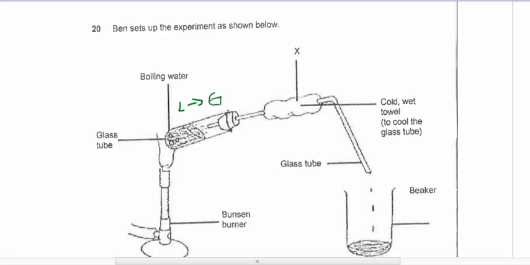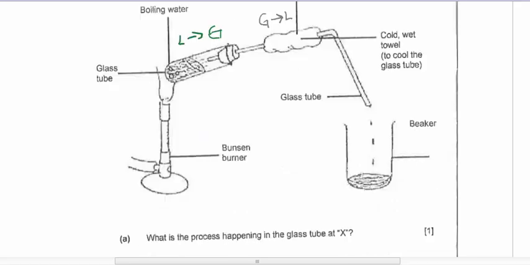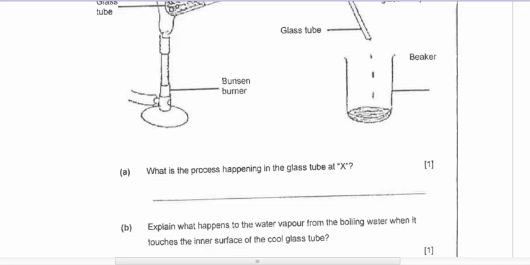Now because this is a cold wet towel, what's going to happen here is the gas will change back to liquid due to what is the process called? Condensation. So that's your answer here. Okay, so the process is condensation, not evaporation.